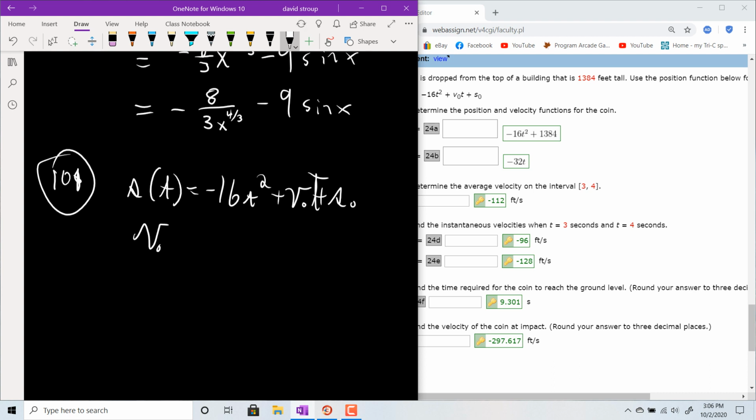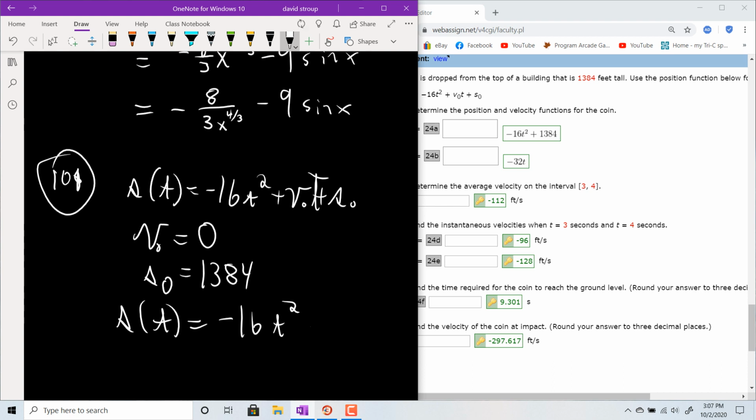The velocity, if you're dropping it, is going to be initially 0, and the initial position is just the height of the building you're standing on, so it's 1384. So our position function s of t will be negative 16t squared plus 0t, plus 1384.